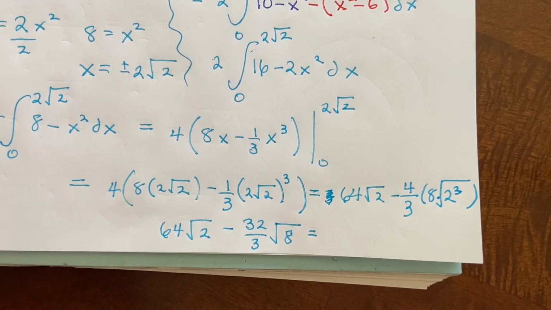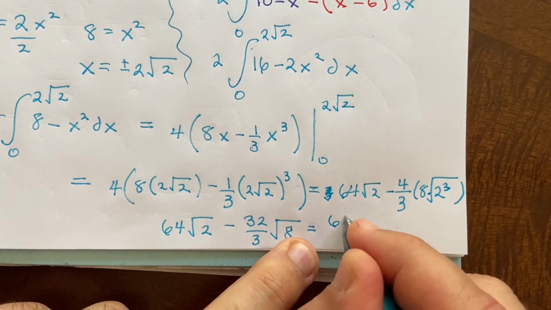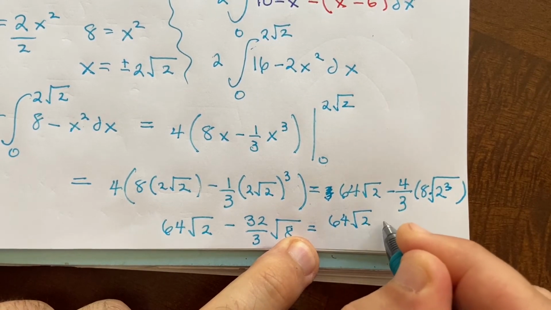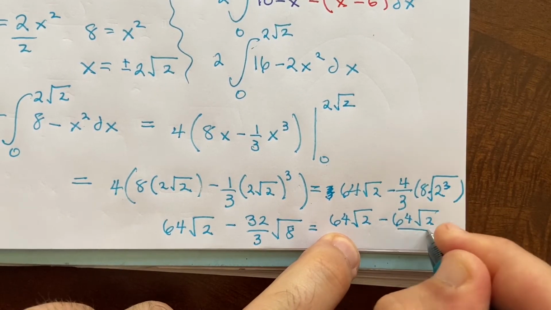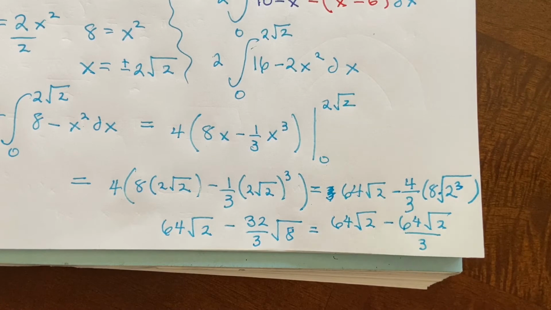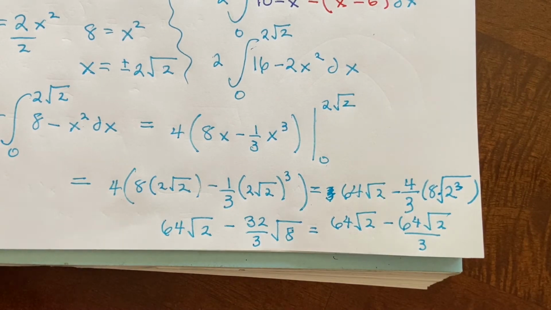So if I just simplify that now, 32 over 3 times root 8. This is the same as this, so we'd have 64 root 2 minus 64 root 2 over 3. So that will leave 2/3 of 64 root 2. So I'll go ahead and write that down in a second.